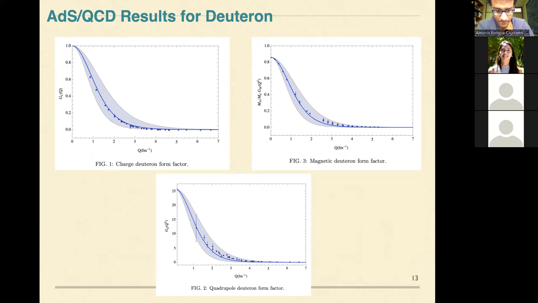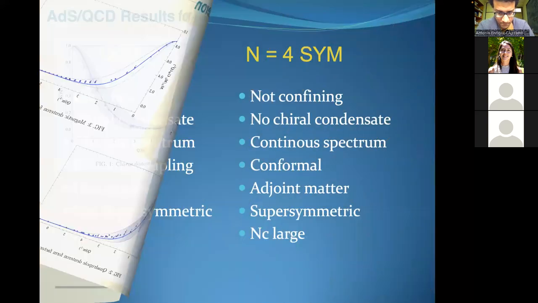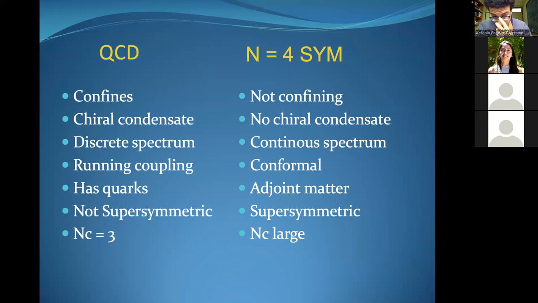This is the other thing. The original conjecture was about what is called N=4 super Yang-Mills, which is not very similar to QCD, and I can show you several things that are not really the same.